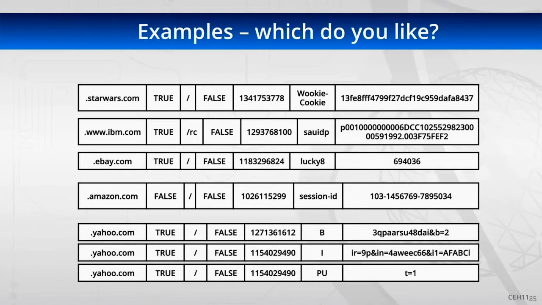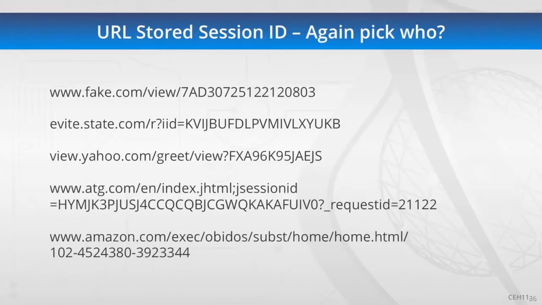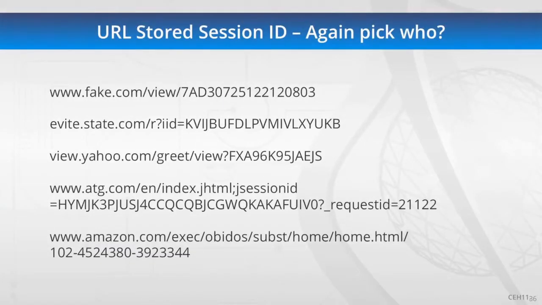What do you see in there that looks good to you? When I look at these, I say shorter is better in a lot of cases. Now, it may be that there's obfuscation in this, but shorter is usually better. Okay, so now let's look at a stored URL session ID. Let's look at these and see which one of these we actually like.